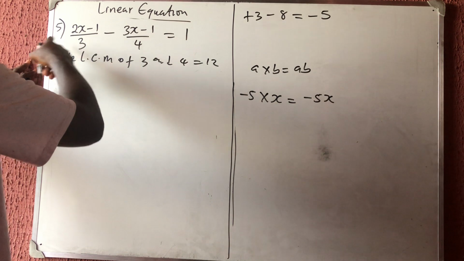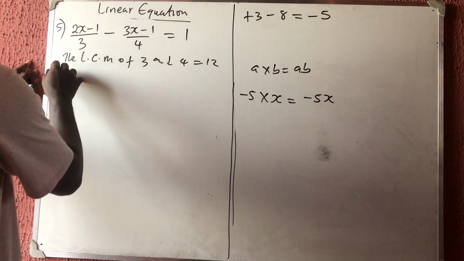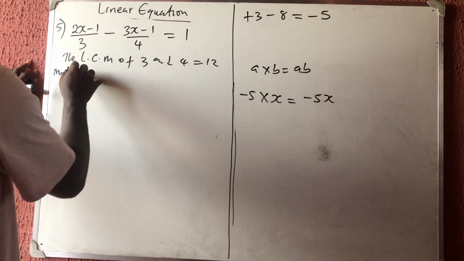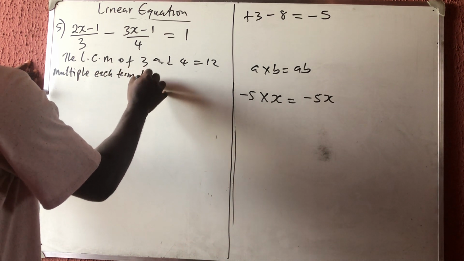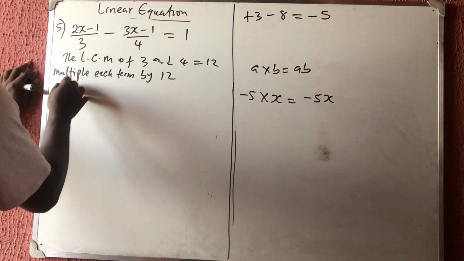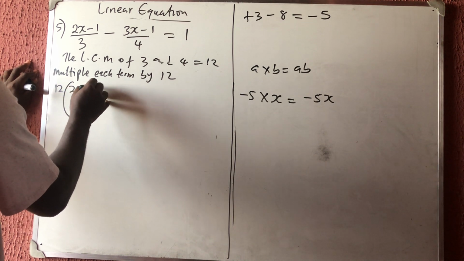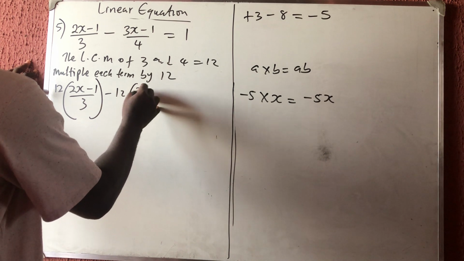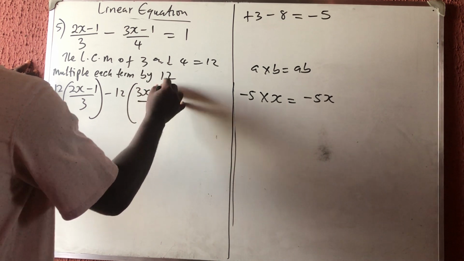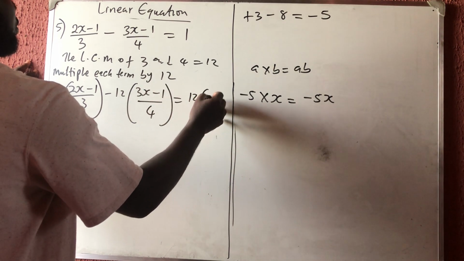So we're going to multiply each term by that 12. So I'm going to have 12 in bracket of (2x minus 1) over 3 minus 12 in bracket of (3x minus 1) over 4 is equal to 12 in bracket of 1.